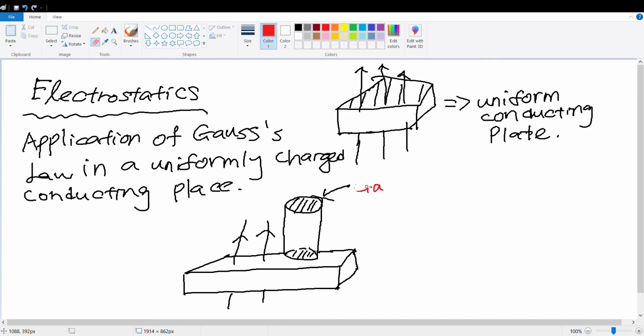Sorry, the whole cylinder is the Gaussian surface.